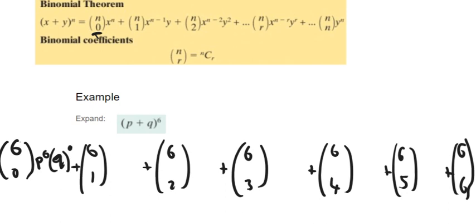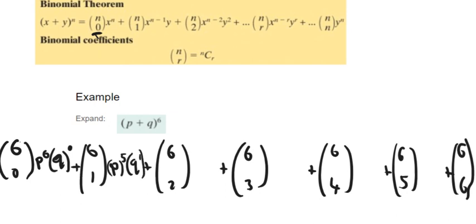Then my next one, I'm going to put in p again. I put in the first term each time, but now the power drops down by 1, and that's one of the key things here. It was p to the power 6 in the first one, now it's p to the power 5. The q was q to the power 0 in the first one, so it's q to the power of 1 here.